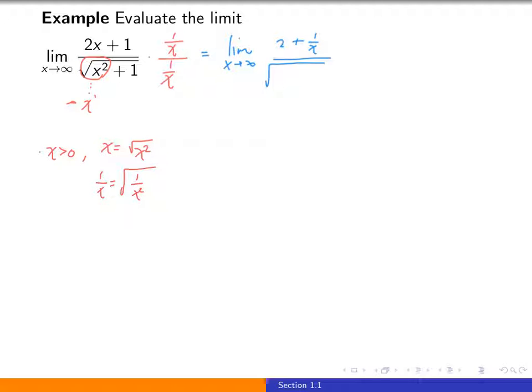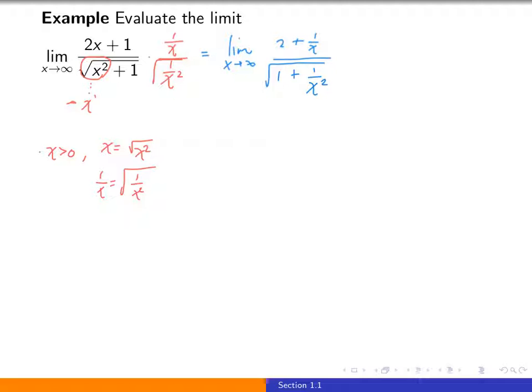And when you multiply together two square roots, you multiply what you have underneath. So that 1 over x squared needs to hit each term underneath the square root. So 1 plus 1 over x squared.